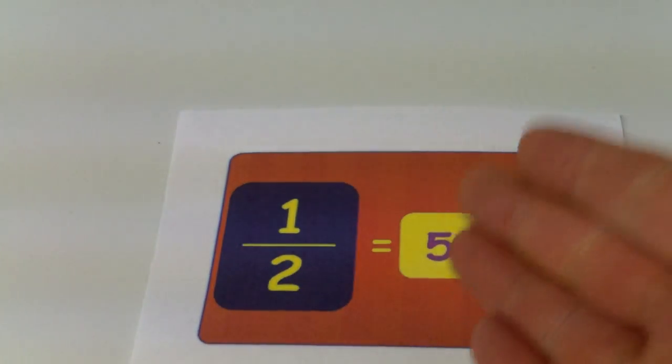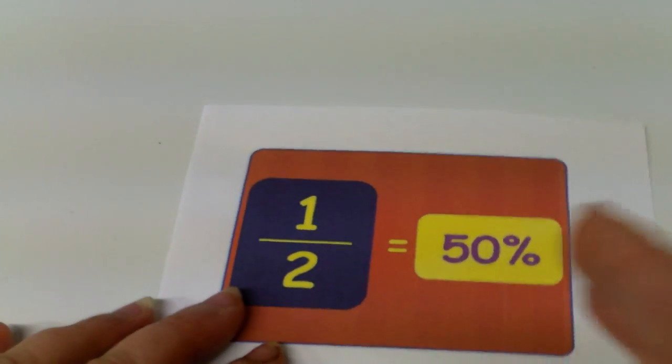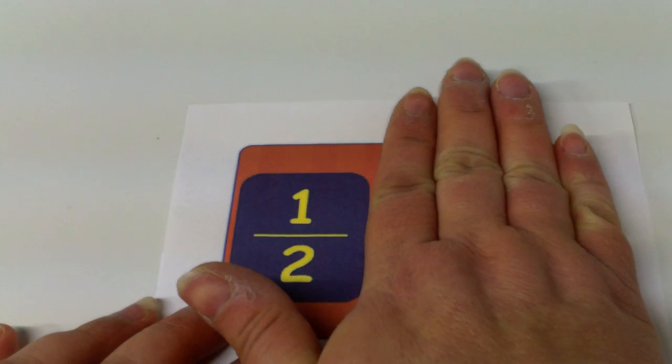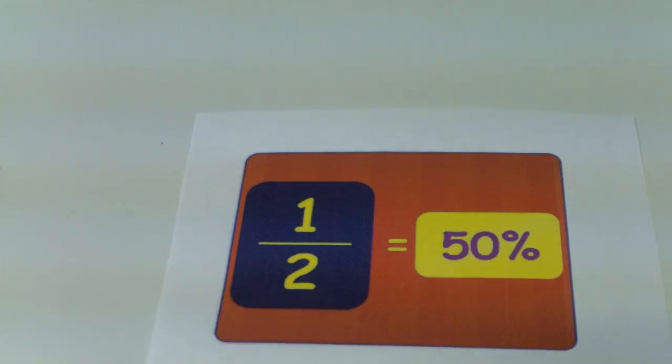A half and 50%, you know that 50% is a half. If I covered half of the page, that's 50% because 100% is a whole. Well, there are some that you need to know by inspection, but there are some that you might have to actually figure out.